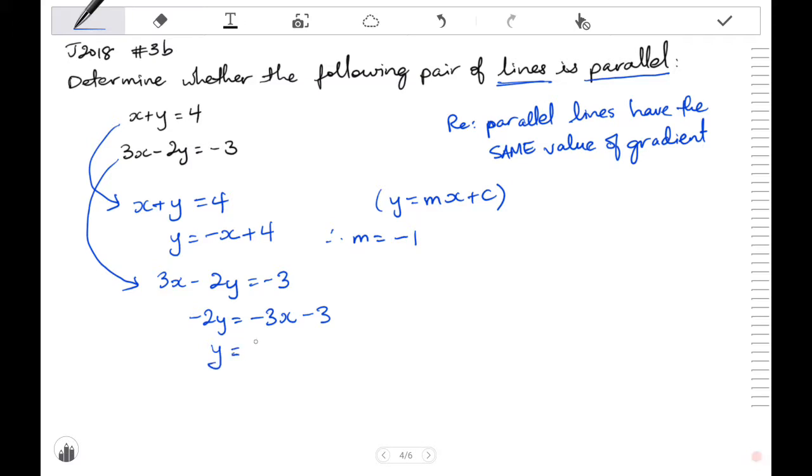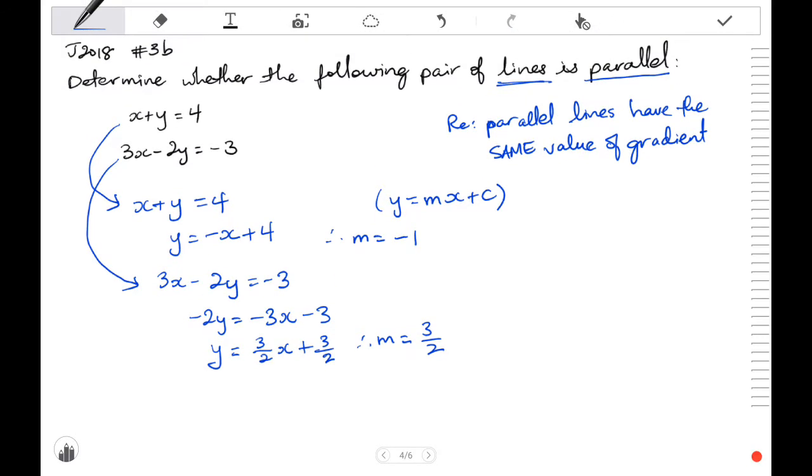So you have minus 3 over minus 2, which is positive 3 on 2, x plus 3 on 2. So the gradient is positive 3 over 2. The gradient of the first line is negative 1 and the gradient of this line is 3 on 2.